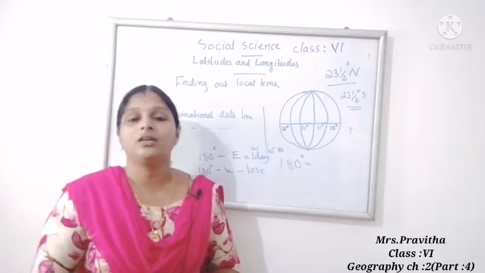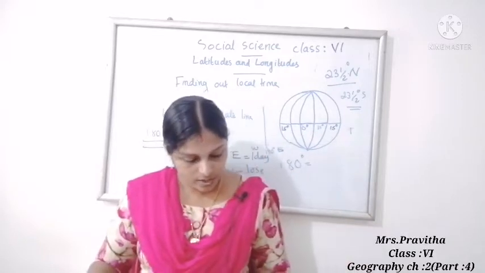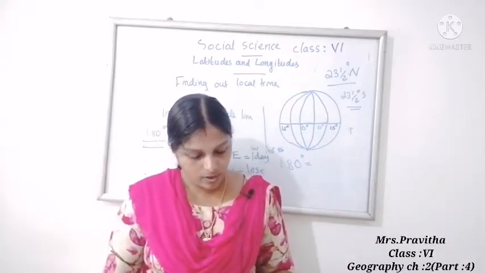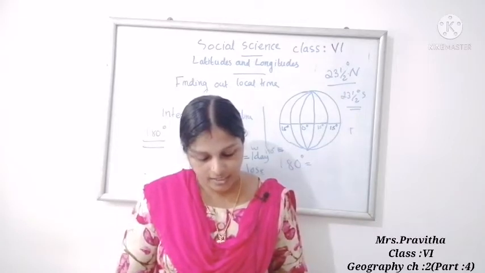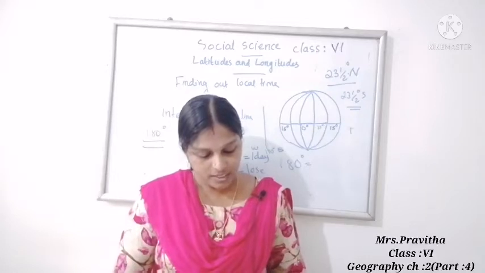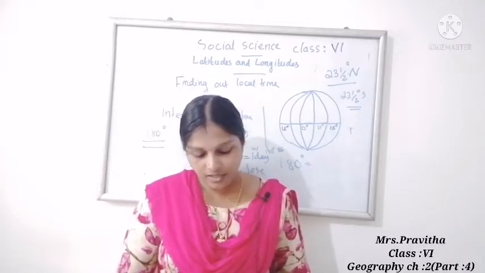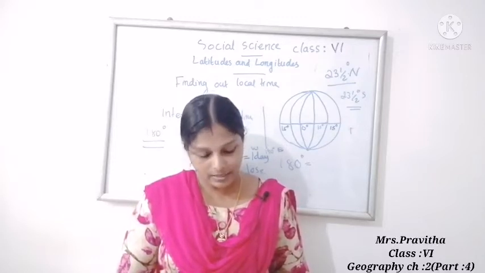Now everybody take your textbook for doing home assignment. First one, take page number 130, fill in the blanks. First question, a dash is a model of the earth. Globe is a model of the earth. Second one, the dash divides the globe into western and eastern hemisphere. Prime meridian.